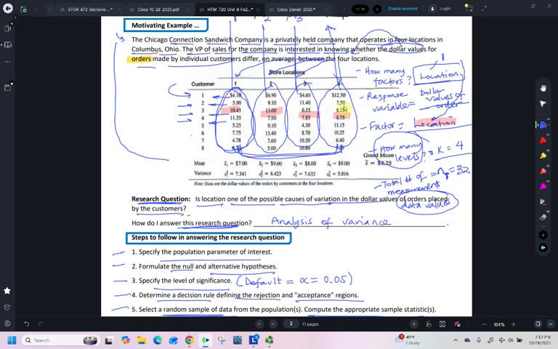So is the difference in these values a function of the location? In which case we would say that location is a key determinant in the differences between the average dollar values of orders made by customers? Or is it the case that the difference is just not so significant?